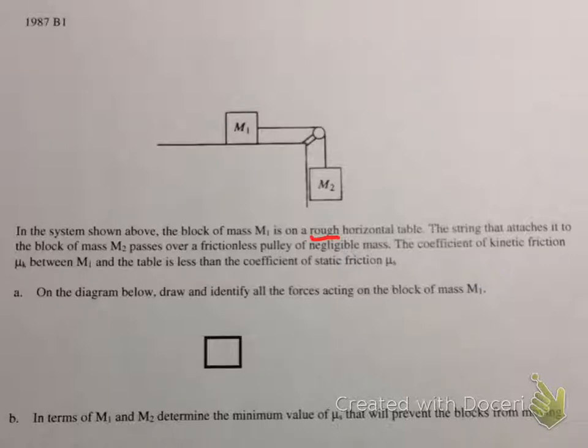So let's look at the forces on M1. We have the normal force, we have M1G, which should be equal in length here, and we have the tension.